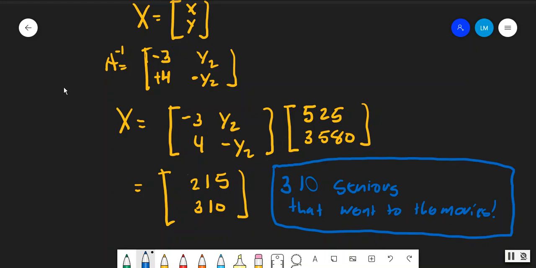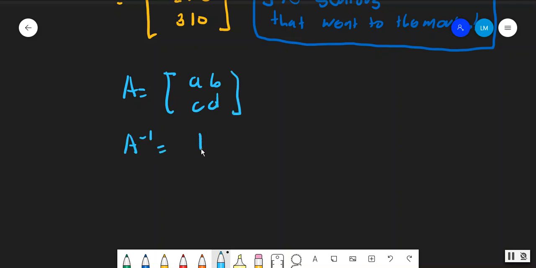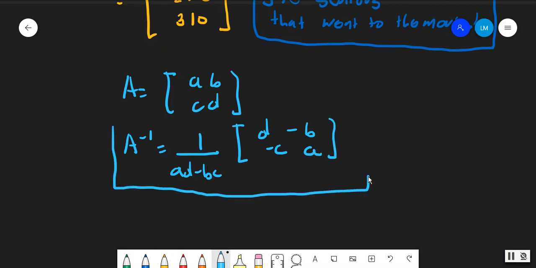Okay, so that's one way that we can actually use inverse matrices. Now, one thing that I can recommend to you is that if I have a matrix, call it A, with entries A, B, C, and D, the inverse of that matrix is given by 1 divided by AD minus BC, multiplied by the matrix D, negative B, negative C, and then A. So this is the formula for finding the inverse of a 2 by 2 matrix.